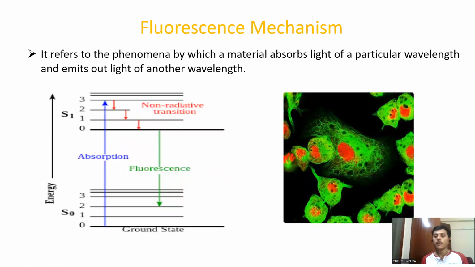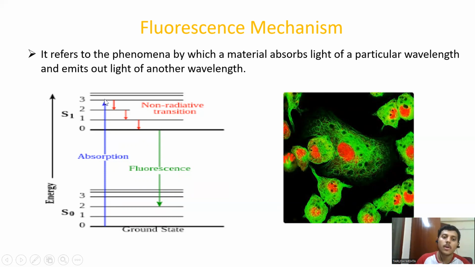Next, coming to the fluorescence mechanism. Fluorescence refers to the phenomenon by which a material absorbs light of a particular wavelength and emits light of another wavelength. The concept of fluorescence can be explained as follows: whenever an incident photon is there, it will excite an electron from the lower ground state to some higher energy state.